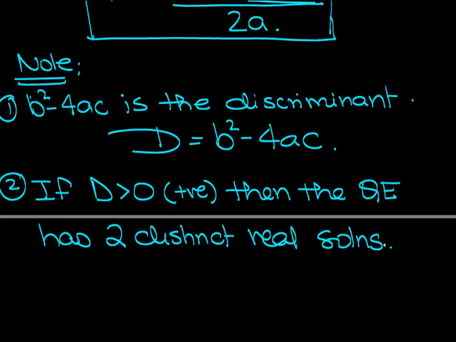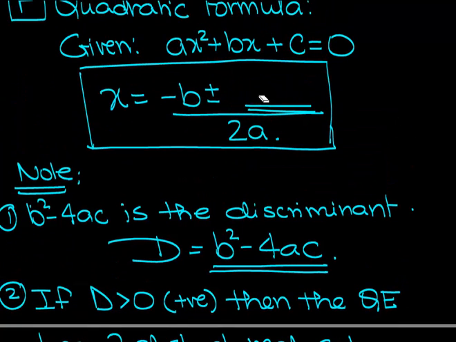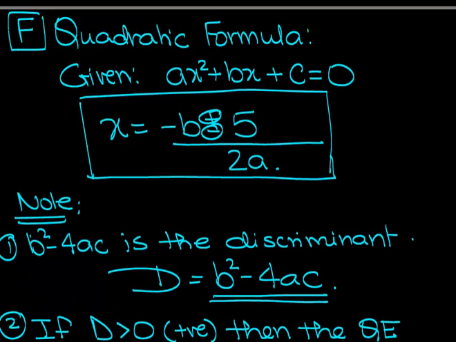It's just something you can tell by looking at this value. You can tell what kind of solutions you're going to have. Two distinct real, that means they're not complex, they're not imaginary. Distinct means they're two different solutions. Okay, and that makes sense because if this is a number, let's say this was 5, because of the plus or minus, you're going to get two real solutions because it's positive, correct? So that's what it really boils down to.